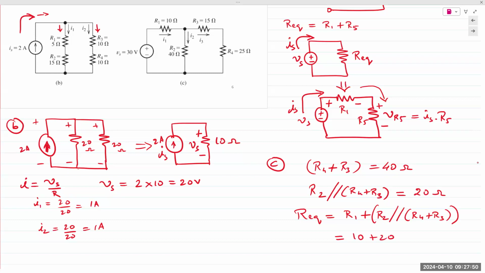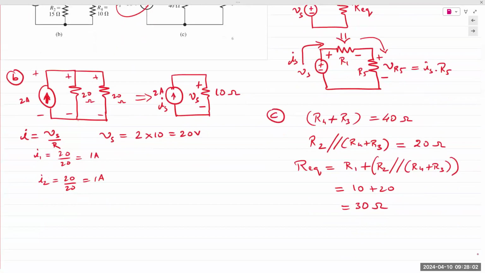It's 10 plus 20 equal to 30 ohms. And then look, Vs is also 30. So if Vs is 30, total current Is from the source is equal to Vs over Req, so 30 over 30 gives me 1 amp.